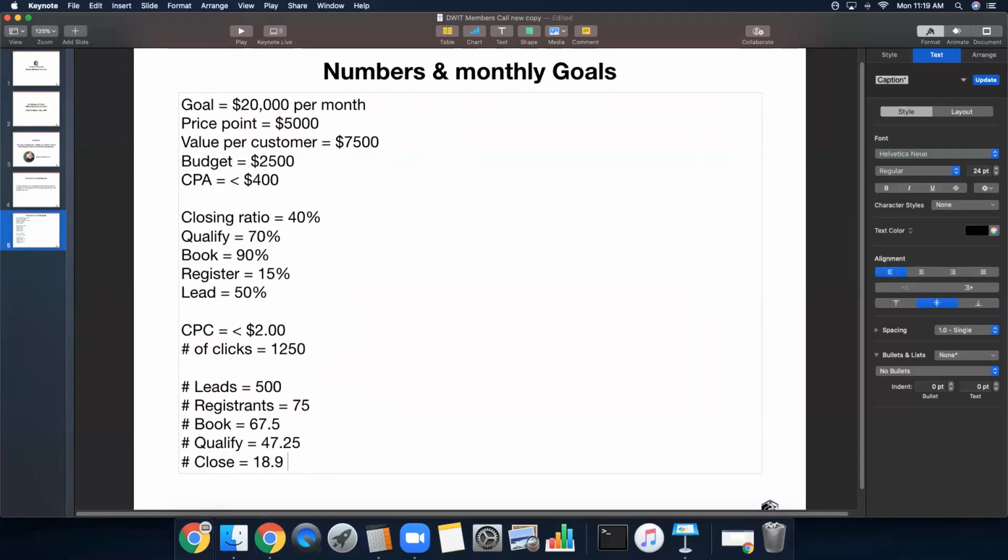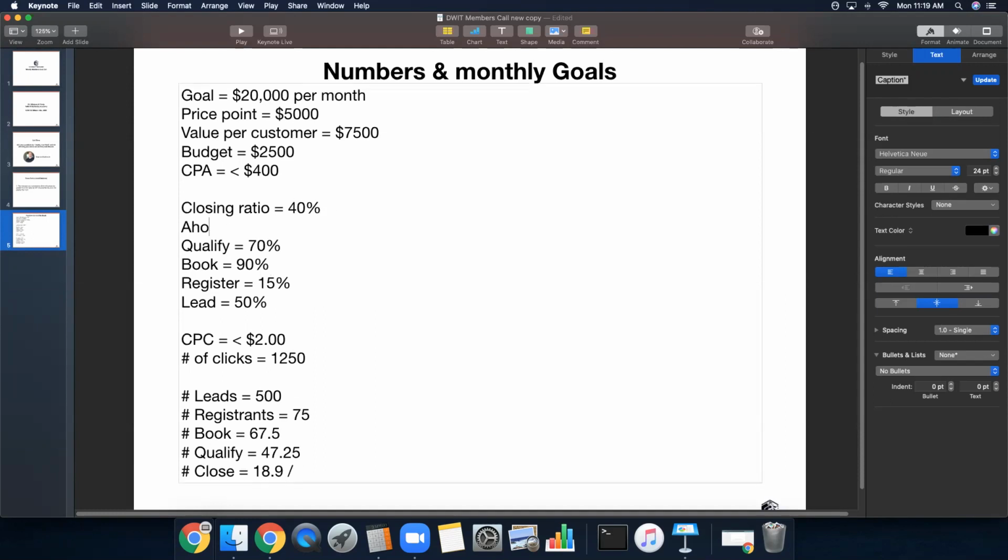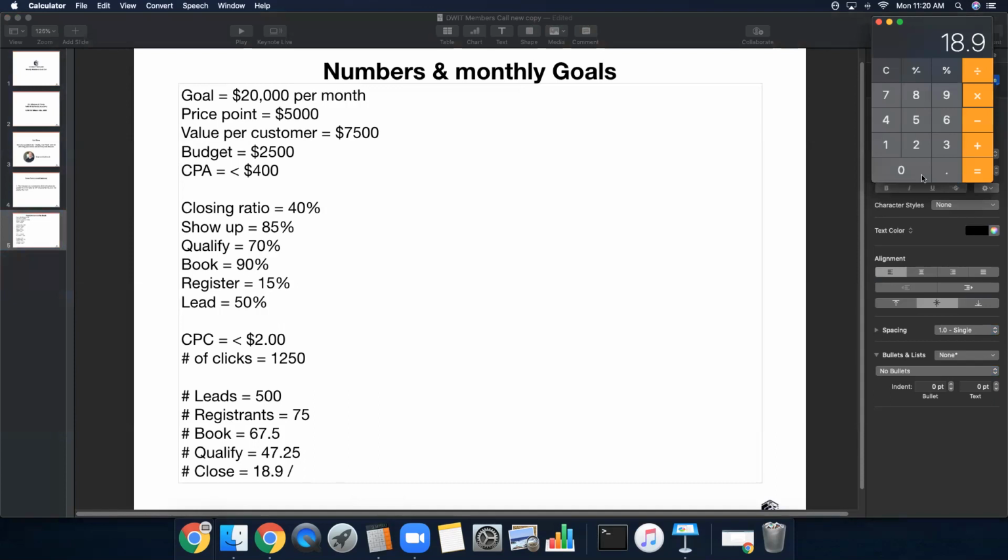Now let's say that you don't close at 40%. Let's say that you close at 10%, okay? It should be show up rate. We still have book, qualify, show. Our show up ratio, this is where we messed up. There we go, show up ratio is 85%. So there is where we have to take this back.